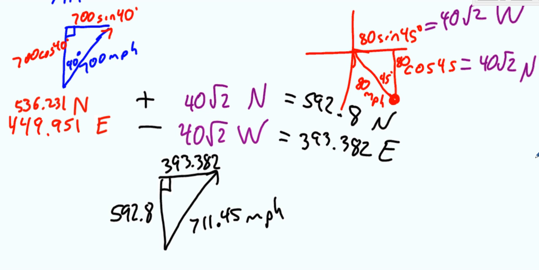We don't have the direction yet. We have to figure out this little angle right there, which comes from tangent, opposite over adjacent.